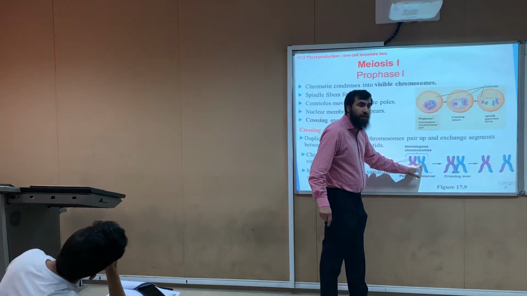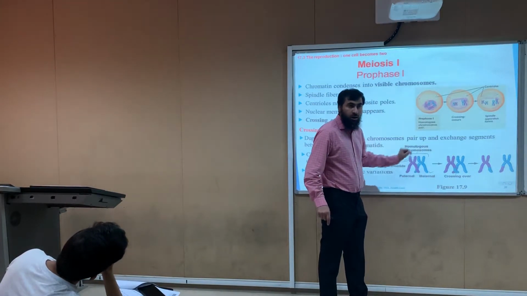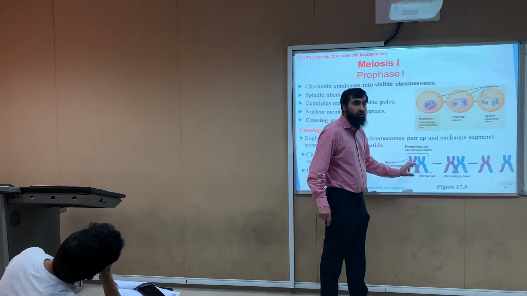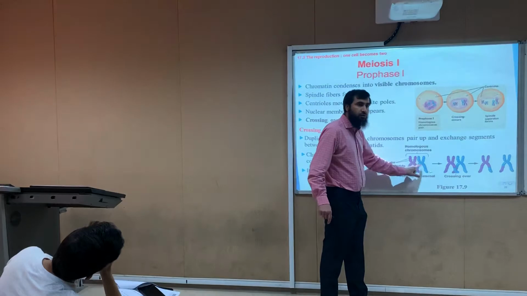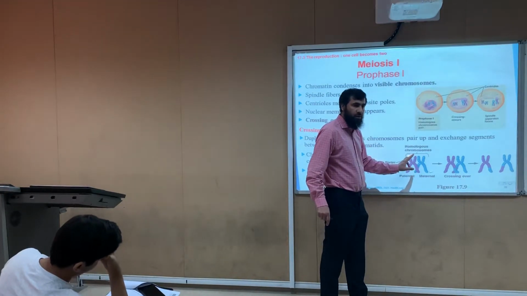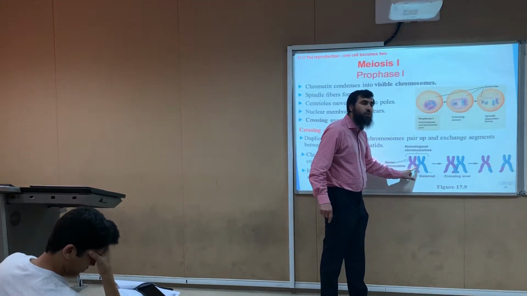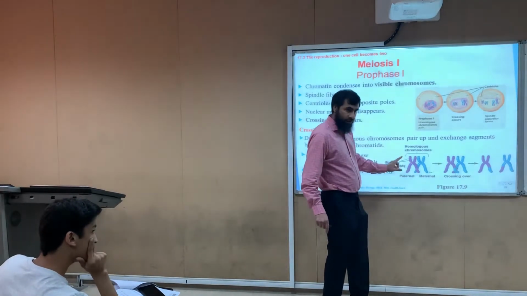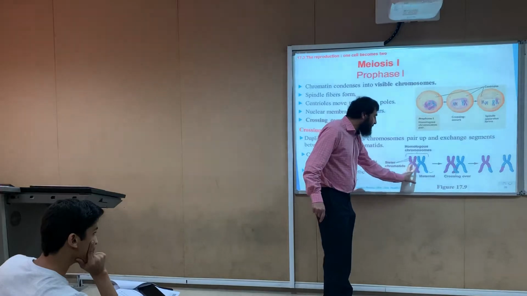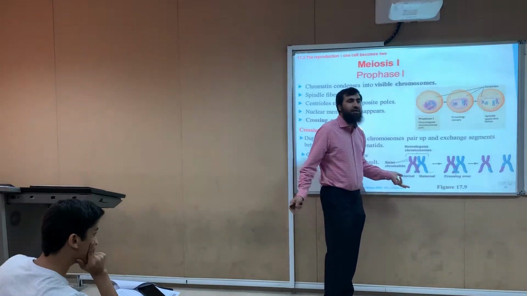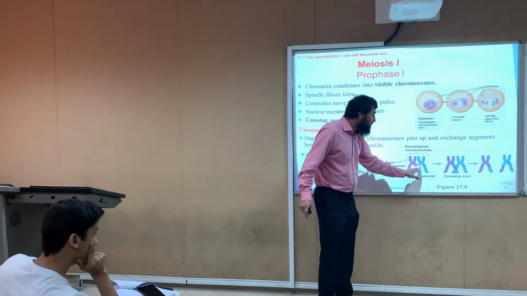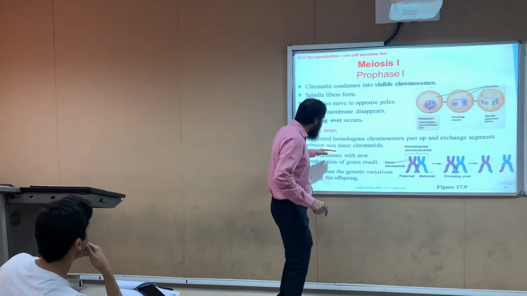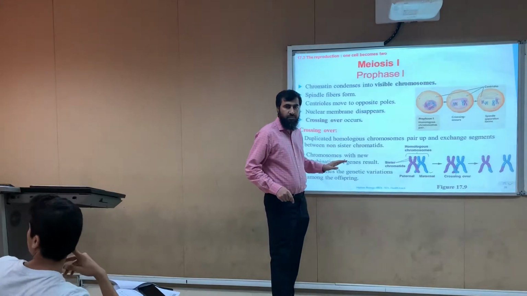The homologous pair has non-identical chromatids. So when you compare the two homologous chromosomes, the exchange is happening between non-sister, or non-identical, chromatids. Because if it happens here, it's going to be the exact same thing. The crossing over has to happen between the homologous pairs. So that's why it says non-sister chromatids, okay? You got that?